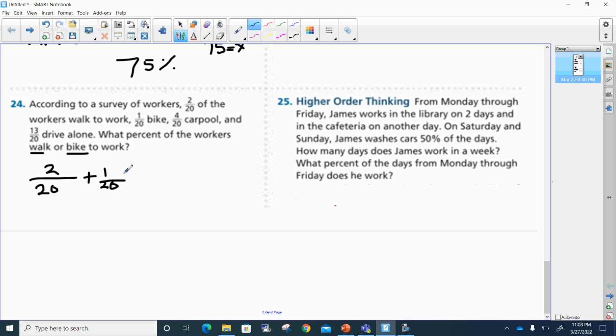So this would be 1 plus 2, that's 3 over 20. I'm going to add them together since it says what percent. Could be either one, right? What percent of workers walk or bike? Well, actually, it's kind of tricky. I would say it was 3 out of 20, because it could be or.